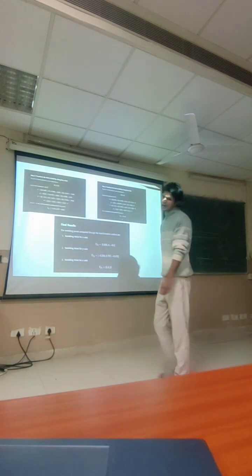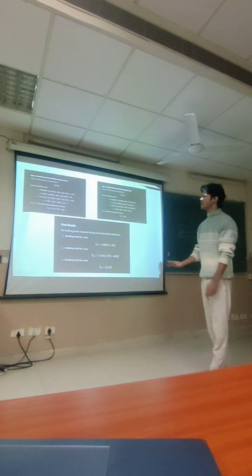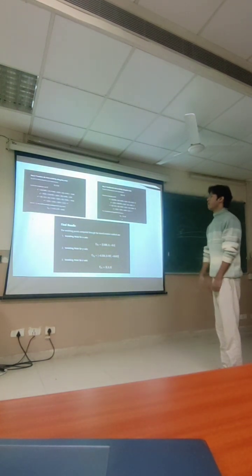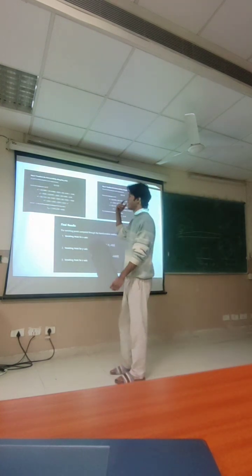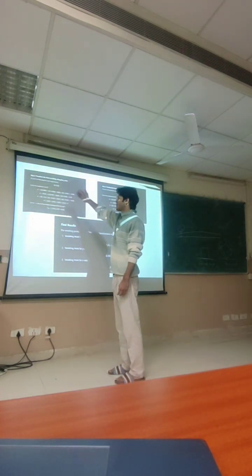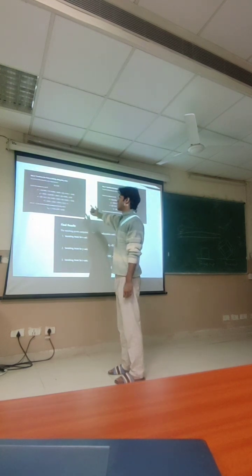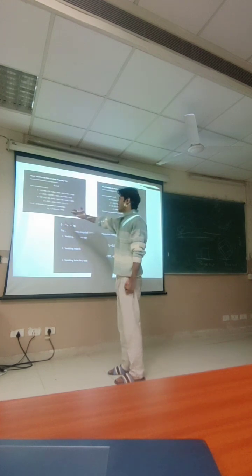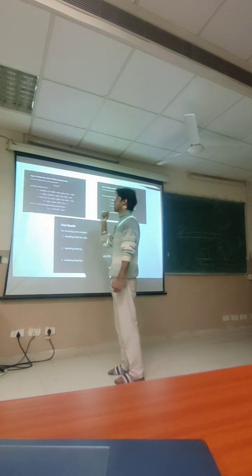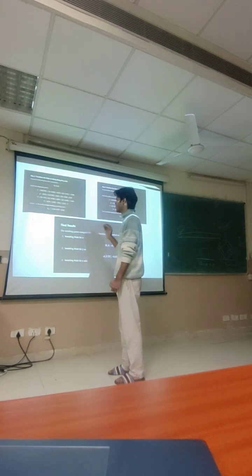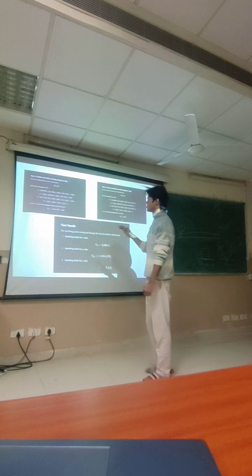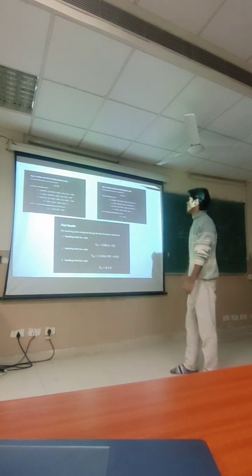In step 2, similarly, we can find the points along the y-axis and z-axis. To find the point along the y-axis, we take 0, 1, 0, 0, and by performing the scalar product with the transformation matrix we get the point along the y-axis as minus 0.354, 0.707, minus 0.612.